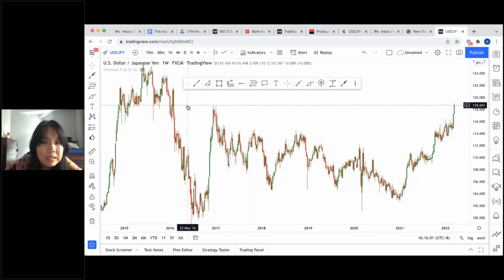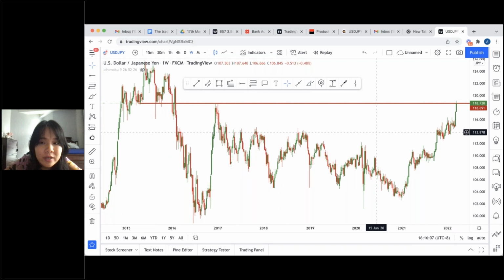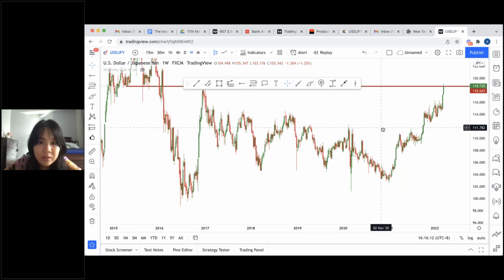That's just me personally. On the weekly, I think this is quite a good level of resistance, which is why I would call for a reaction.